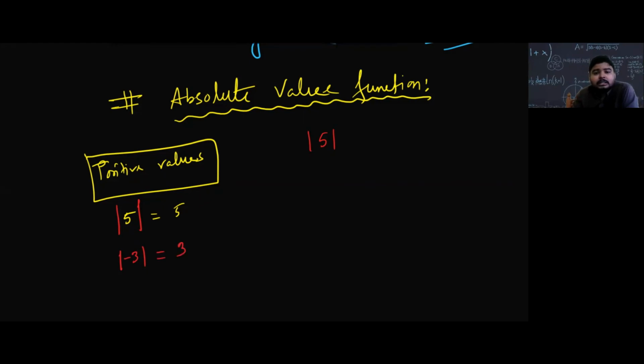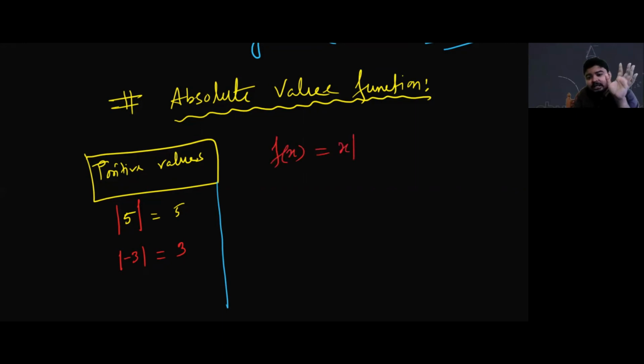Why? Because the definition says absolute value means whatever the number is, positive, negative, whatever it is, we don't care about its sign, it is always positive, only the value. The second thing, absolute value function is a very special type of function. Say f of x is modulus of x.